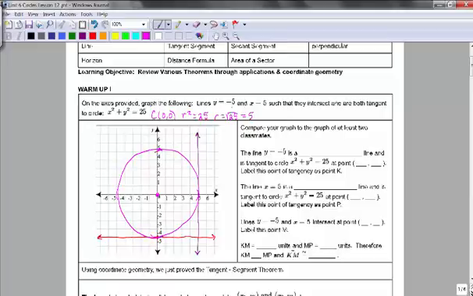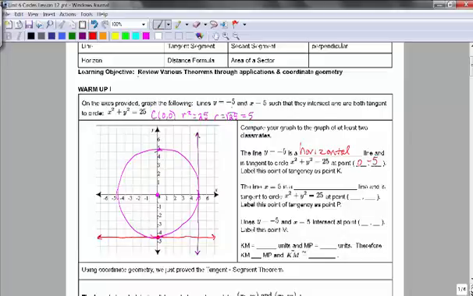And then I do see that both of these lines are tangent to the circle. And then it asks me, the line y equals -5 is a horizontal line. It goes from left to right, and it is tangent to this circle at point 0, -5.